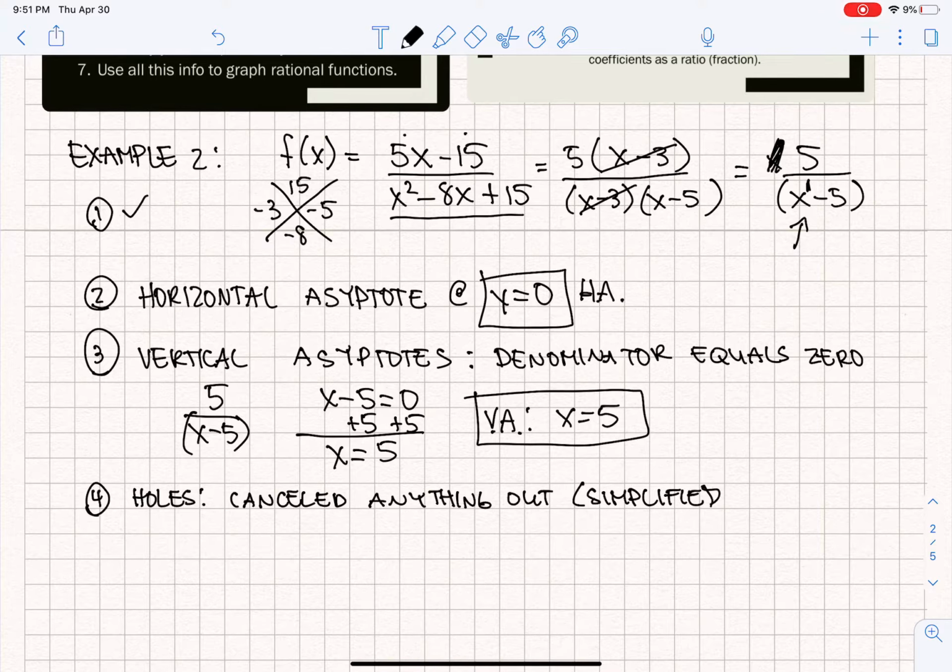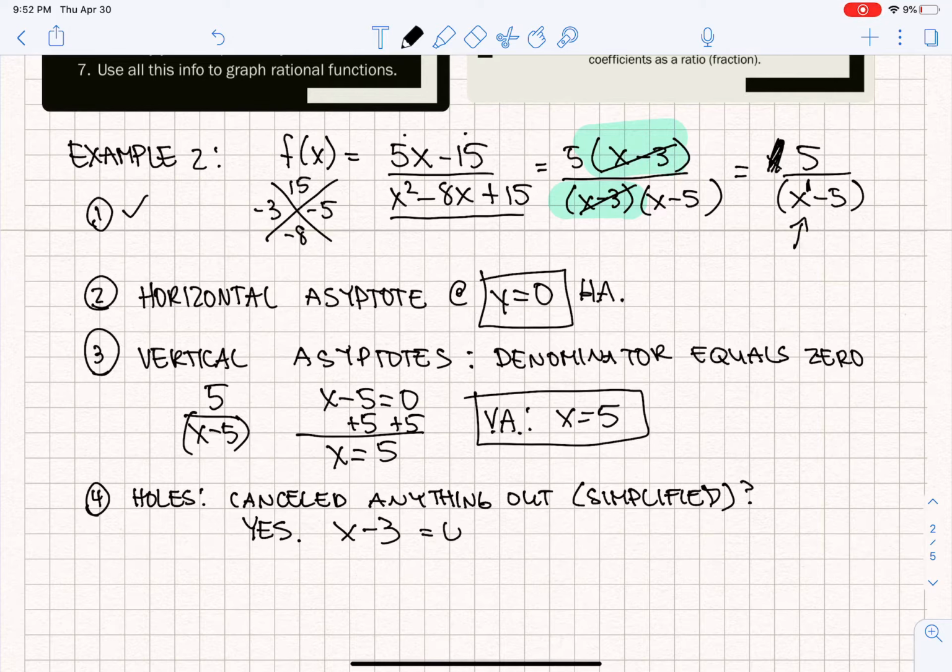Okay, when we simplified, did we cancel anything out? Yeah, we did. We had this guy right here. That would be considered our discontinuity. Okay, so yes, we did cancel something out. We canceled out the x minus 3.